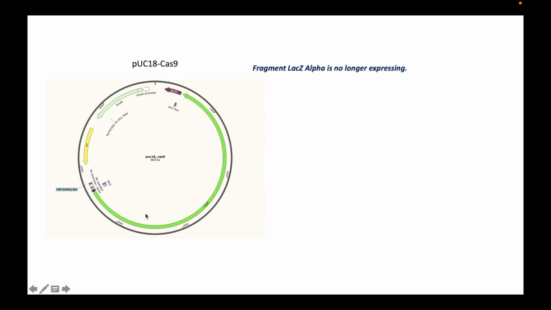As you can see here, the LacZ fragment gets split in two by the gene that I inserted. So basically the LacZ alpha fragment is no longer expressing, so the alpha peptide will no longer be made by the bacteria. However, the omega peptide will be expressed by the bacteria because it has the omega peptide gene on its chromosome.